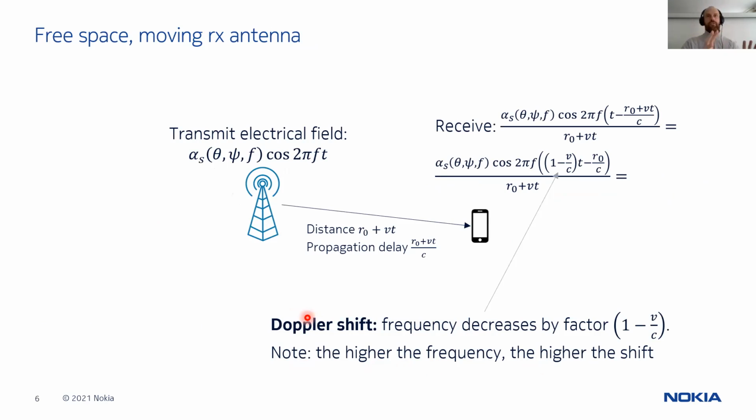You transmit a sinusoid at a certain frequency, and the receiver, since it's moving in space, perceives a different frequency, which is different whether it's going further away or approaching the antenna.